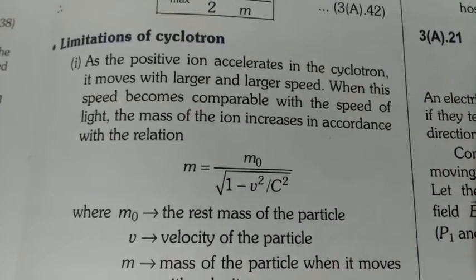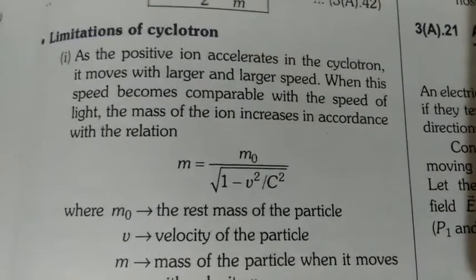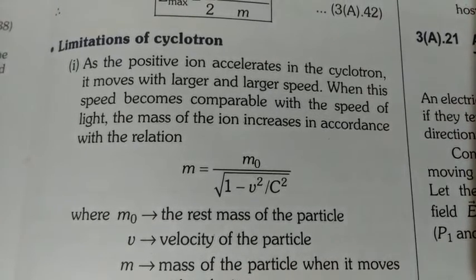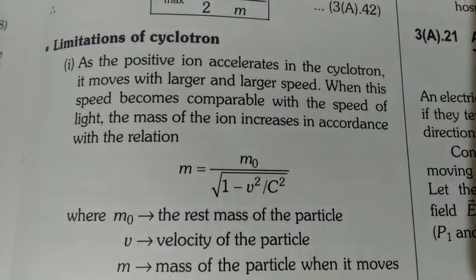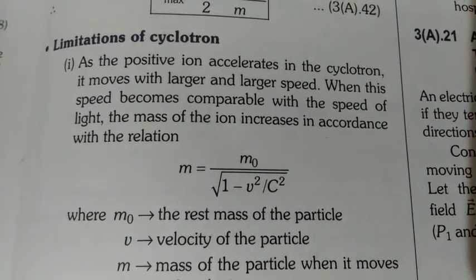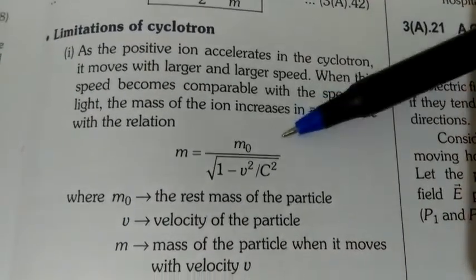Now let's discuss limitations of cyclotron. The first one is, as the positive ion accelerates in the cyclotron, it moves with larger and larger speed. When this speed becomes comparable with the speed of light, the mass of the ion increases in accordance with the relation, this one.